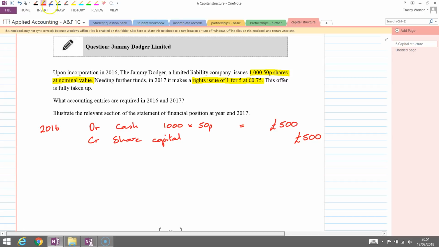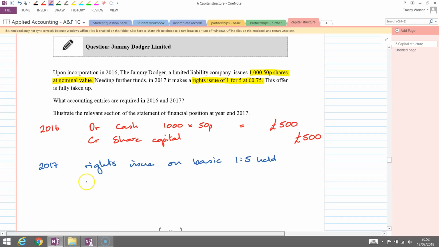So then in 2017 we have got a rights issue. So the rights issue is on the basis of 1 for 5 shares that are currently held. So this means that for every 5 shares that a shareholder currently has, they'll be entitled to buy another one.